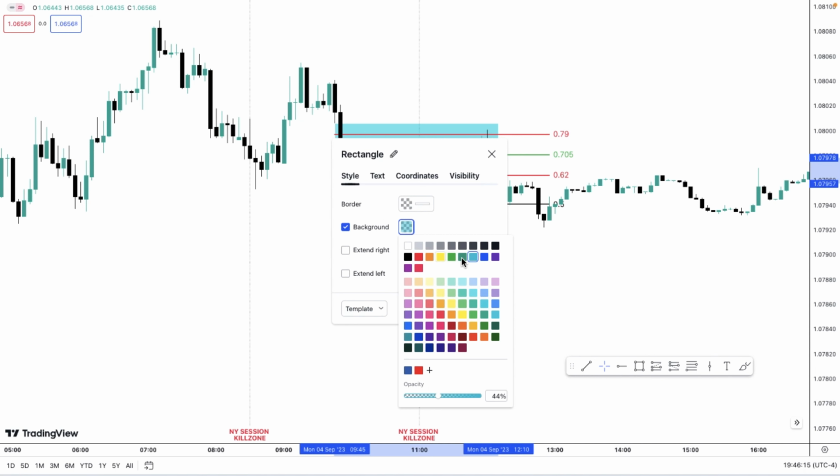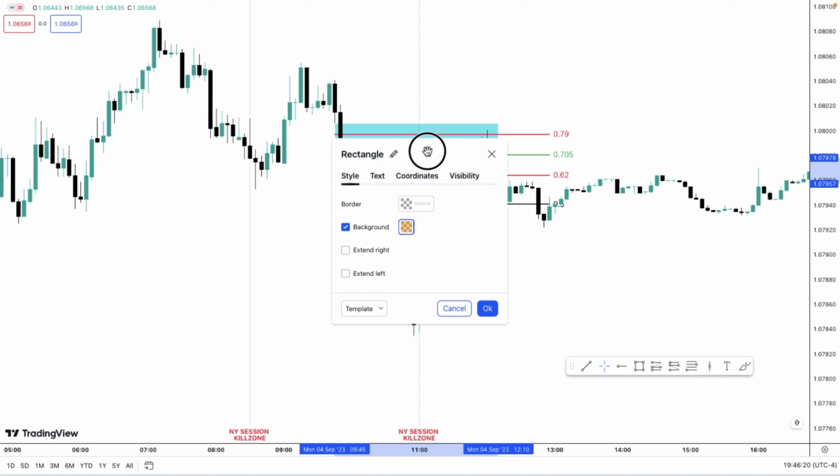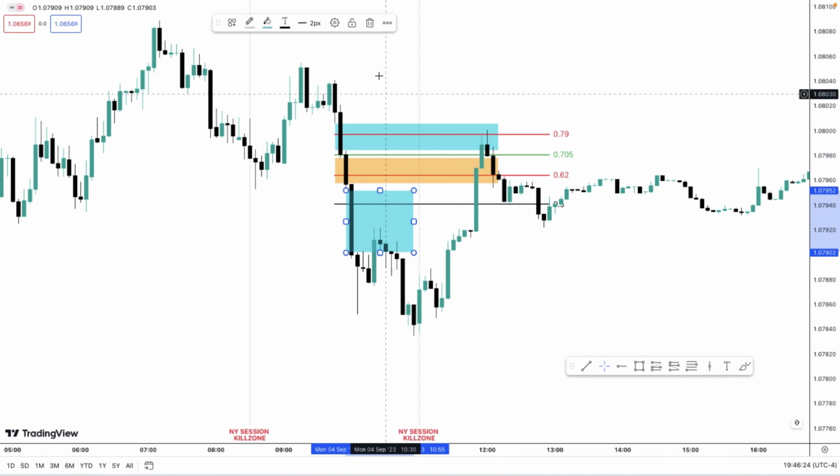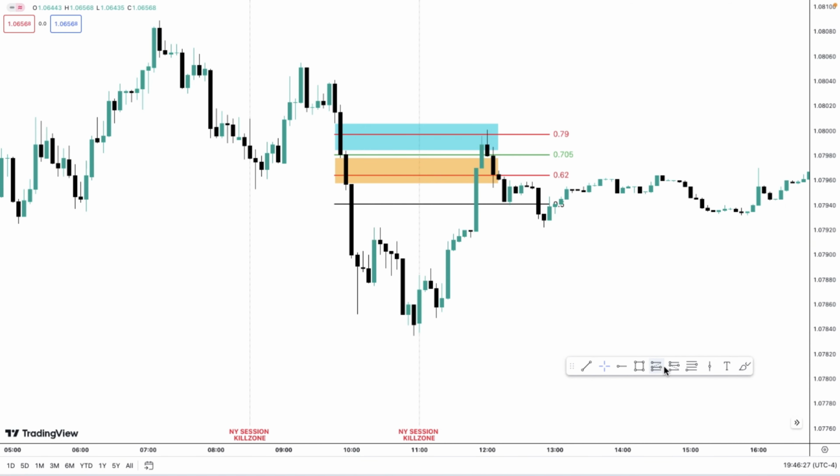The 62 level will always point to a PD array. Most of the time it's going to be a fair value gap. The 62 level, the first one, will always point towards a PD array, most of the time a fair value gap that you can trade for a sell in this case.